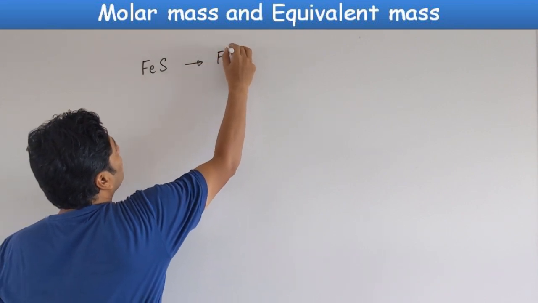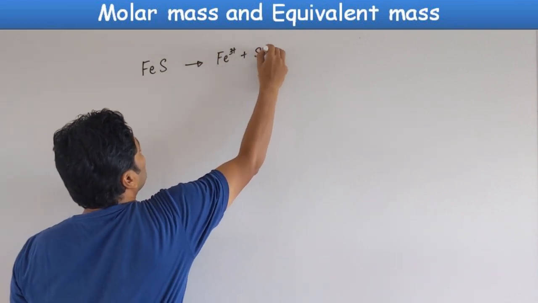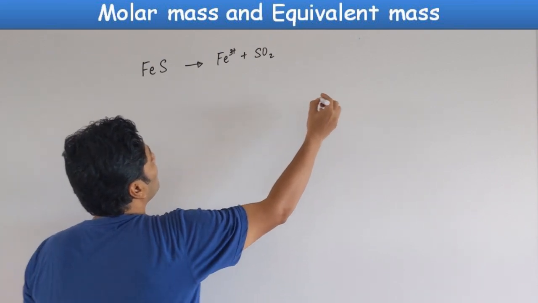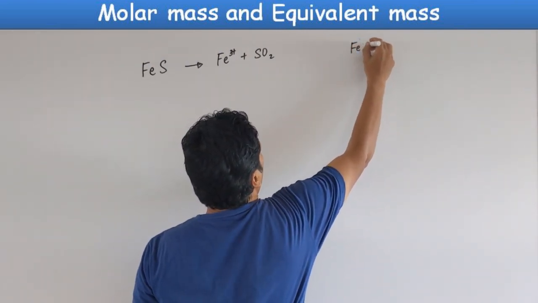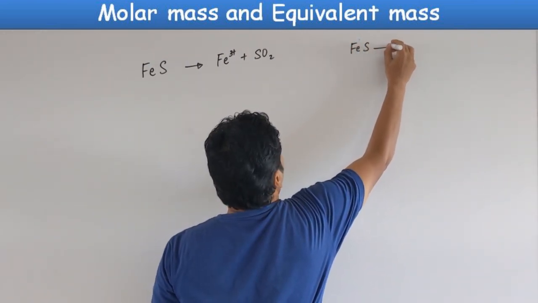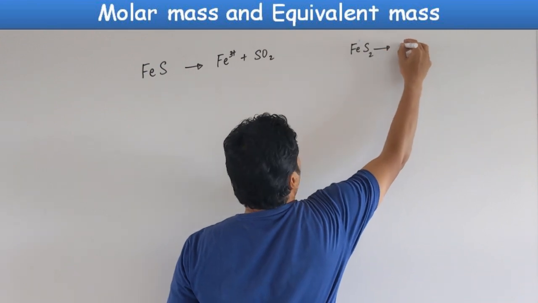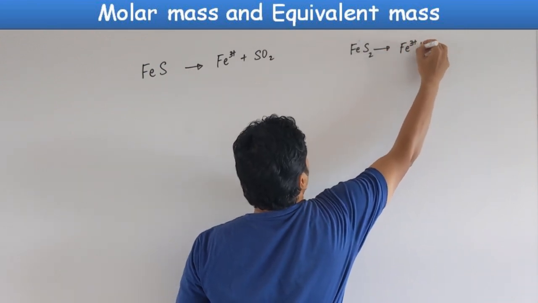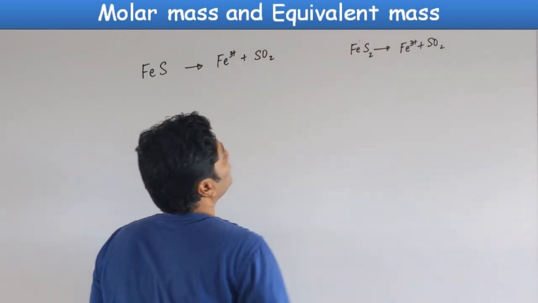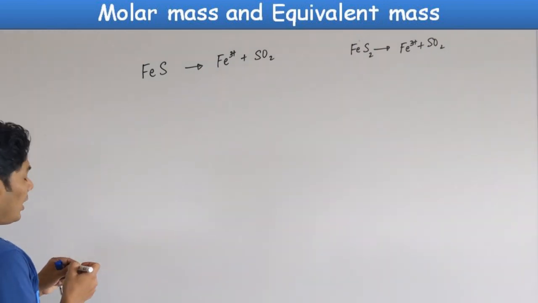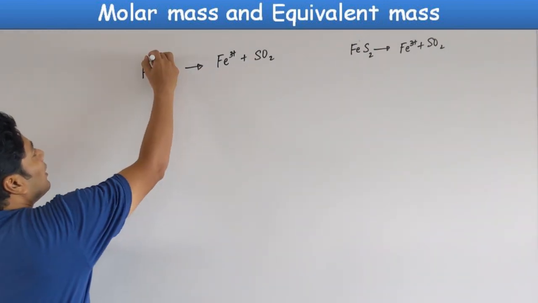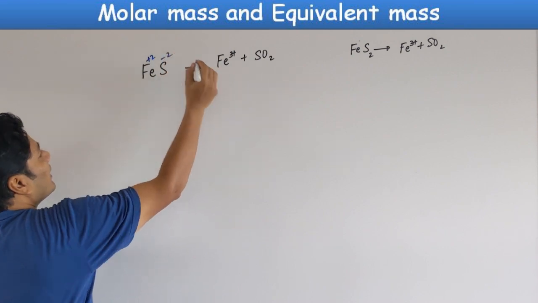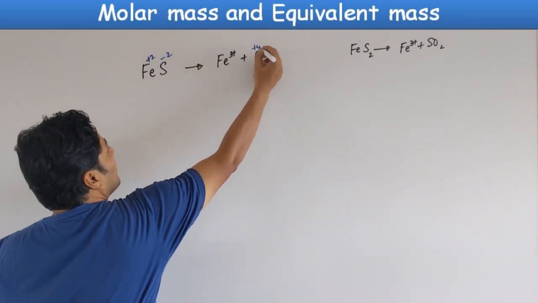FeS goes to Fe3 plus SO2. Maybe we can also do FeS2 goes to Fe3 plus SO2. So in our case, the iron is plus 2, this is minus 2, here it is plus 4.